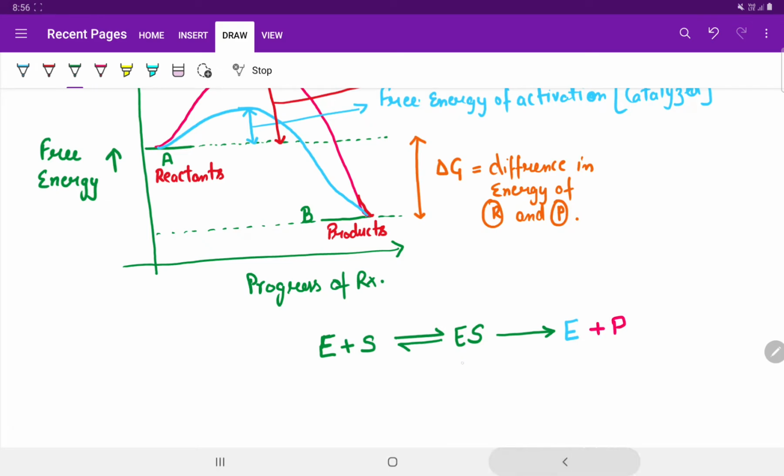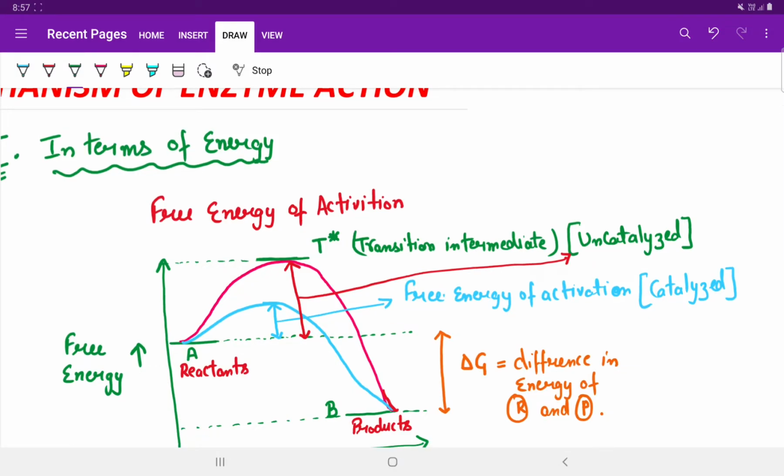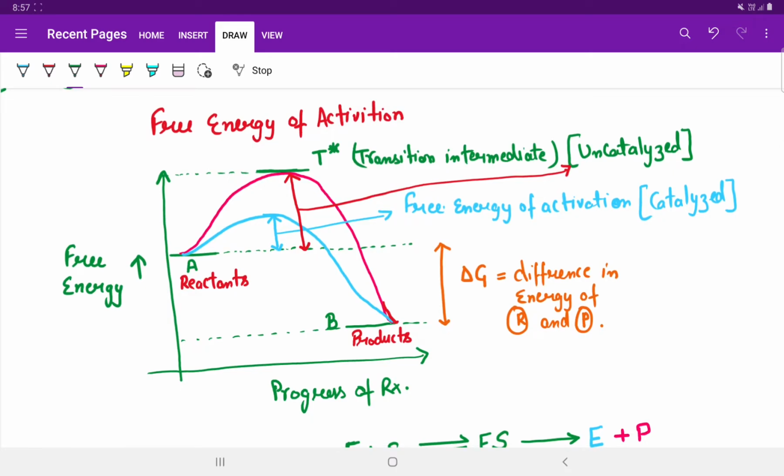This is the transition state of enzyme substrate complex, the state in which the product formation occurs. So this was regarding the mechanism of enzyme action in terms of energy changes. So students, remember this graph very clearly. Through this plot we can easily understand how a reaction progresses in a catalyzed and an uncatalyzed pathway.